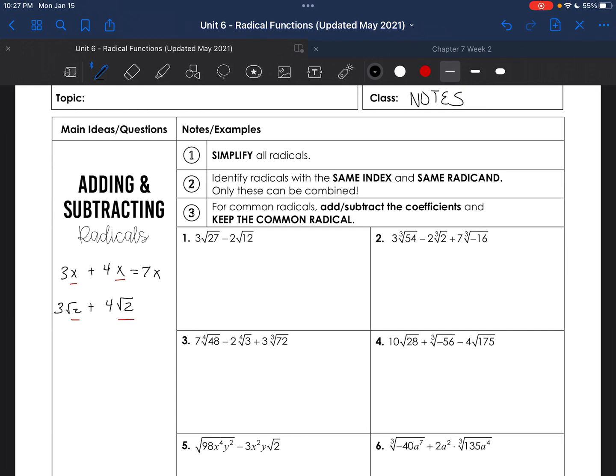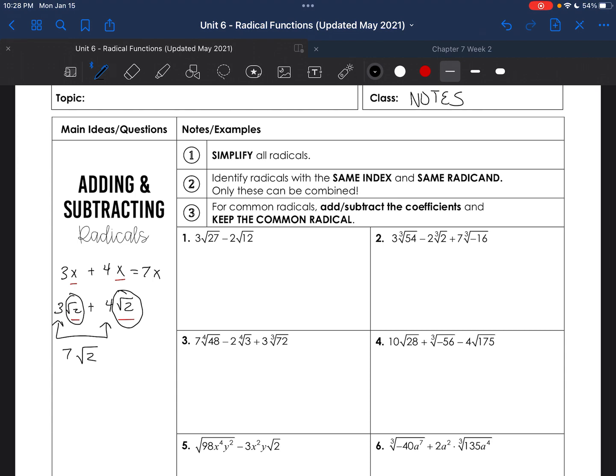In the same way, if I place a radical in the space of the x, everything about that radical must be exactly the same for addition and subtraction. So the index has to be the same, in this case square roots, and the base has to be the same, in this case 2. And so now I can add my coefficients to get 7, and my entire term of square root of 2 would stay that way.